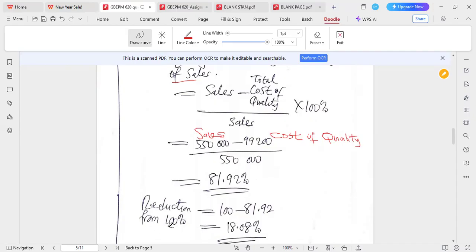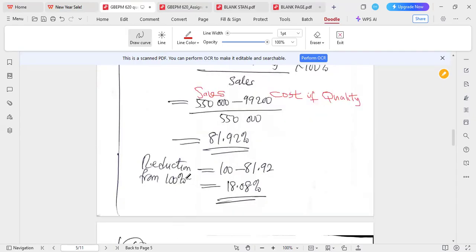Now reduction from 100, we are simply reducing from 100%, it's 18.08%. Okay, so the 100% is the total percentage. Percentage is always over 100. So percentage is always equal to 100%.